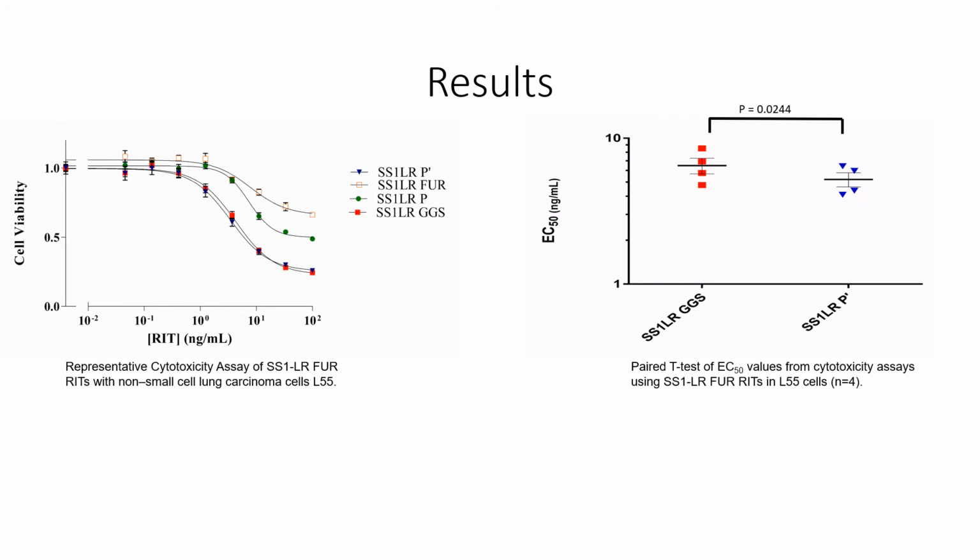We ran a paired t-test of the EC50 values of each recombinant immunotoxin and only found significance between the wild-type SS1-LR-GGS and SS1-LR P'. We determined significance by looking at the p-value, which was 0.0244. This is less than 0.05, which would indicate significance.